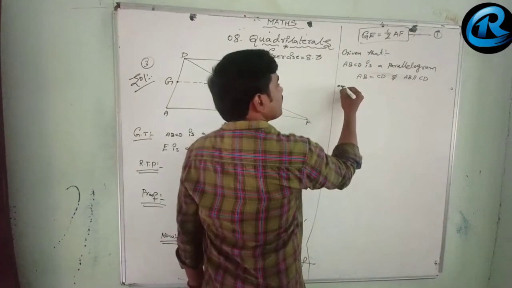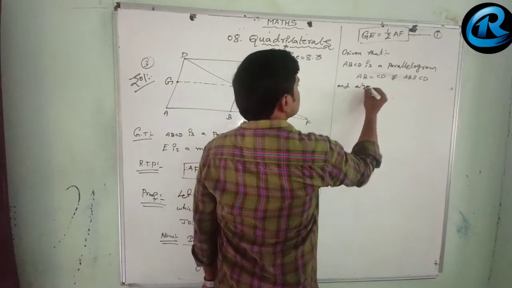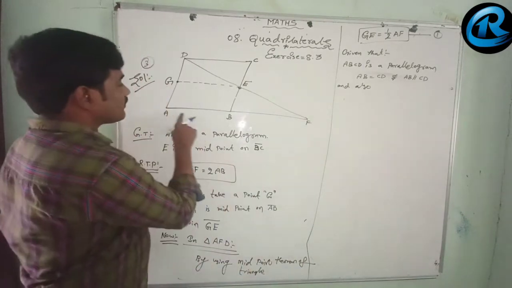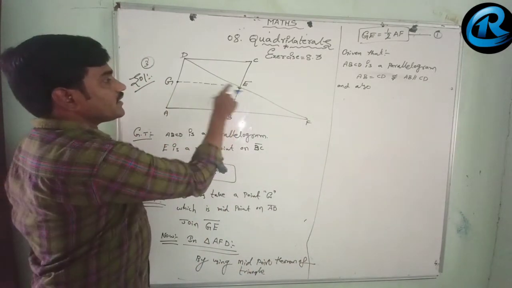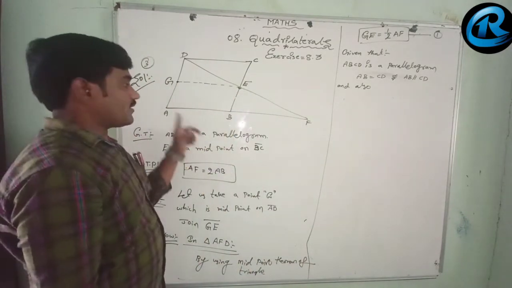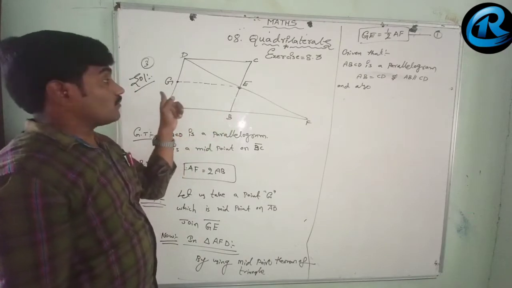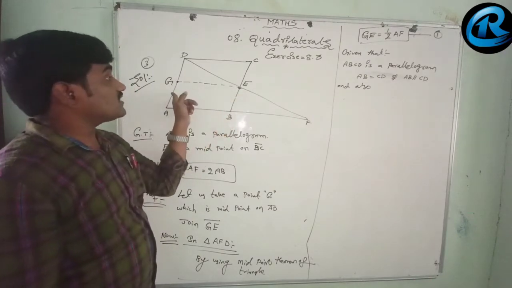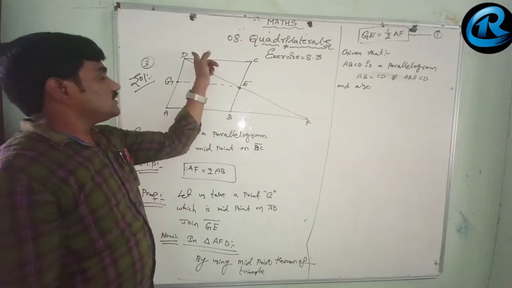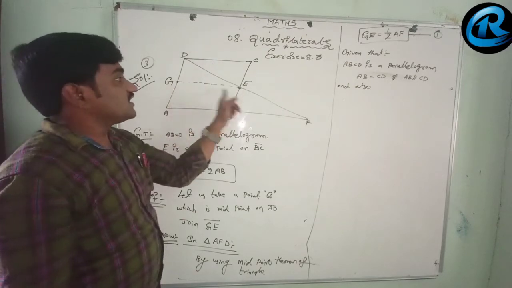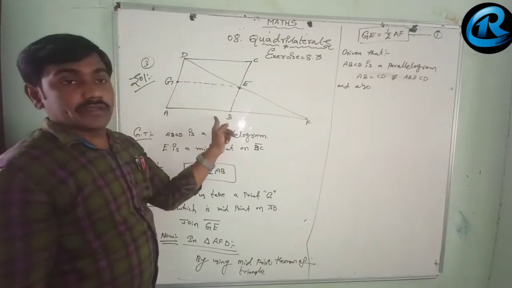And also, if you observe clearly now, ABEG is also a parallelogram, because this EG is on the midpoints of BC and AD. So this GE will be also equal to AB.